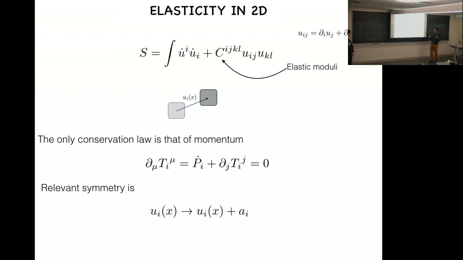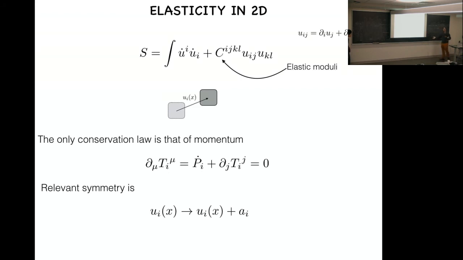So we really should also add terms that depend on the curl. However, curl of u works as follows. If you make a global rotation of the elastic body, then curl of u transforms additively. So curl of u, epsilon ij d_i u_j, is just an angle, and it transforms by adding a constant. Which means that the angle should appear under a derivative. Which means that the dependence on curl is a next-order effect.